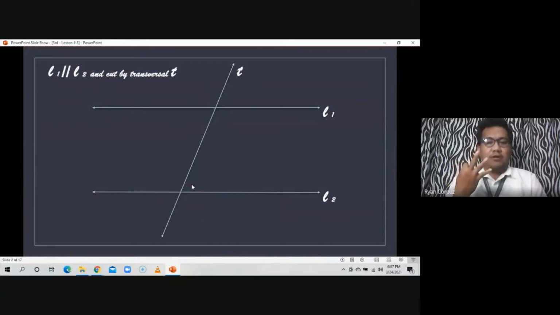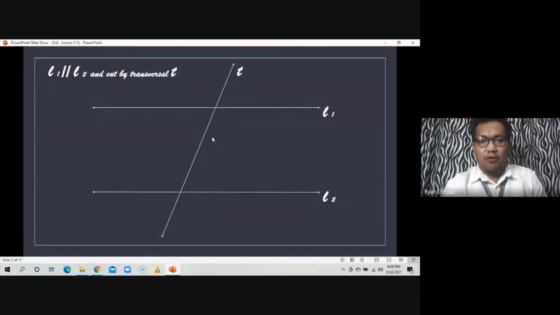Third, meron din tayong alternate exterior angle. So say, for example, this angle together with this angle. So they are called as alternate exterior angles. Pang-apat, we do have interior angles on the same side of transversal. Interior angles on same side of transversal. So if this is your transversal and we are putting the interior angles, so yun nasa loob yun.